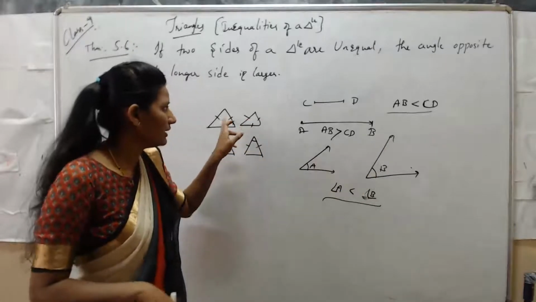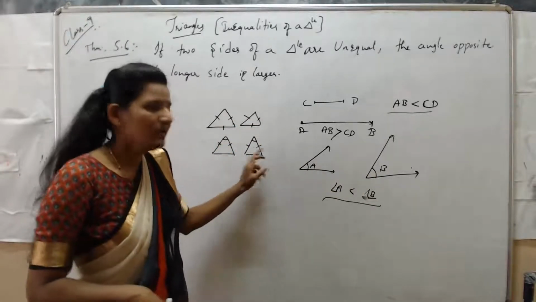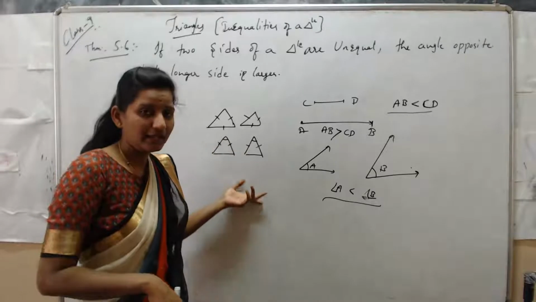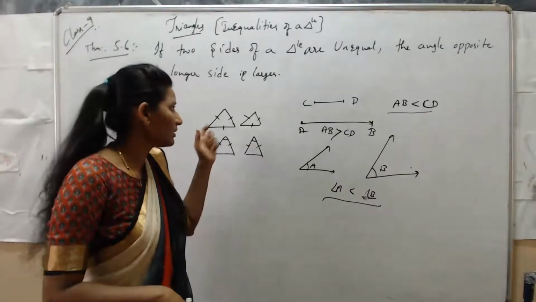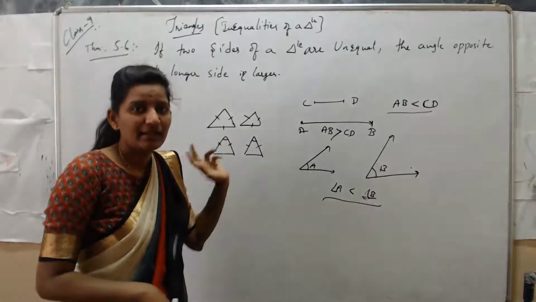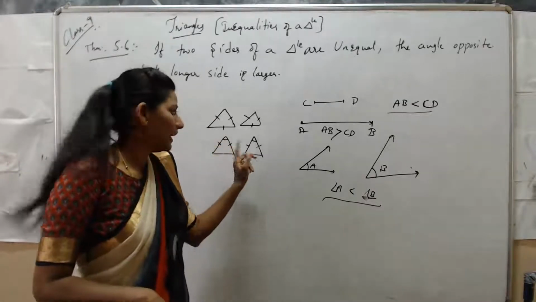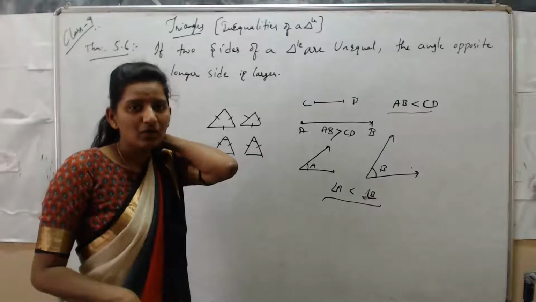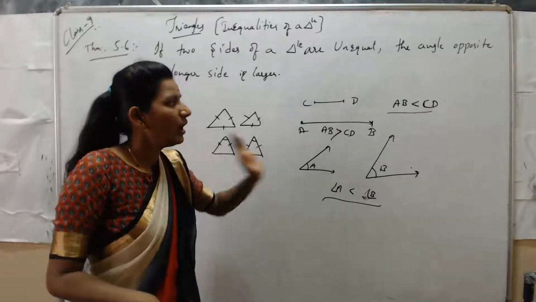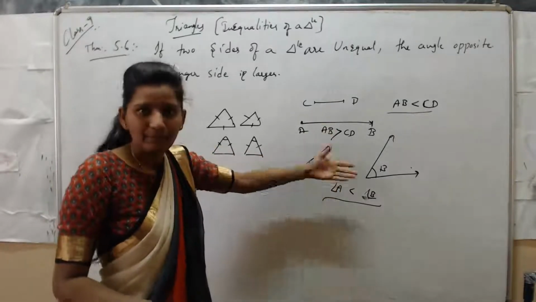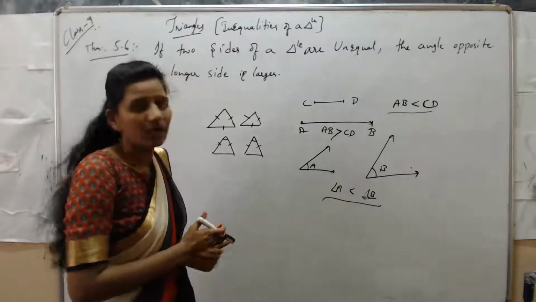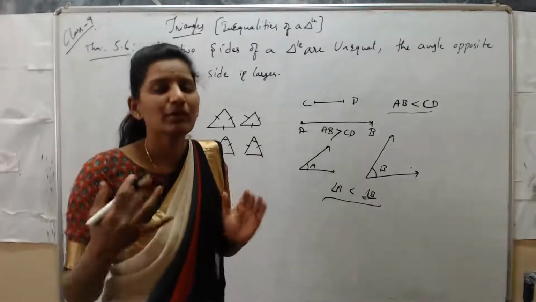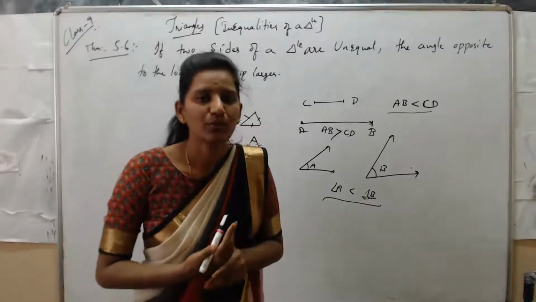Still now you have learned equal sides and equal angles, and the SAS rule, SSS, ASA, AAA. You have learned all these rules, but here all are unequal, like sides and angles will be unequal. Next, what we have to prove, we will come to know while solving the problems.